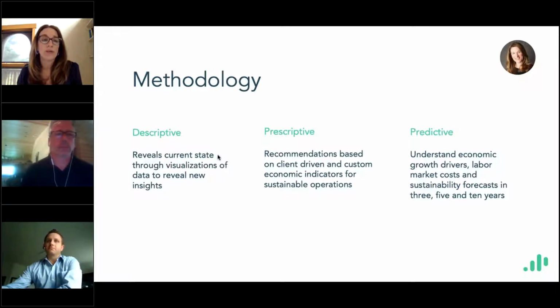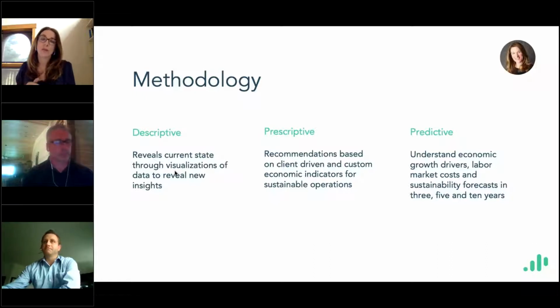So let me walk through very briefly our 3 levels of analysis. Over on the left-hand side, descriptive analytics. We have clients who've never designed a comprehensive location strategy for their national or global portfolios, and they simply need information that is visualized for them from any number of sources across their organization, or combined with our premium labor market information or any other economic and demographic information that we may be pulling into analytical models based on the needs of our clients.